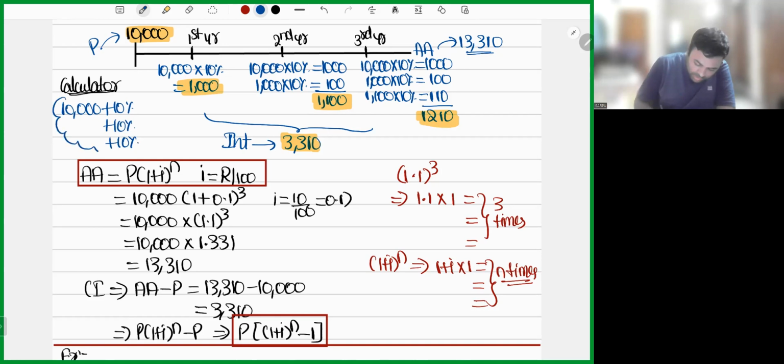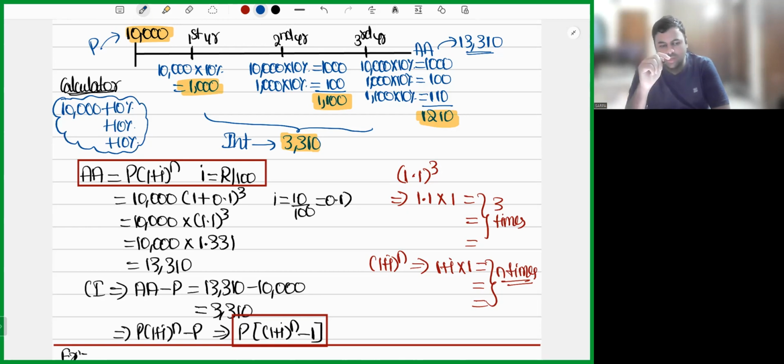So principal plus R% plus R% plus R%, n times. That will also give you the answer. Either you apply the formula or use a calculator. But the better thing is to use the formula itself. If you have 3-4 years, then it's fine, but for more than 3-4 years, it's better to use the formula itself.